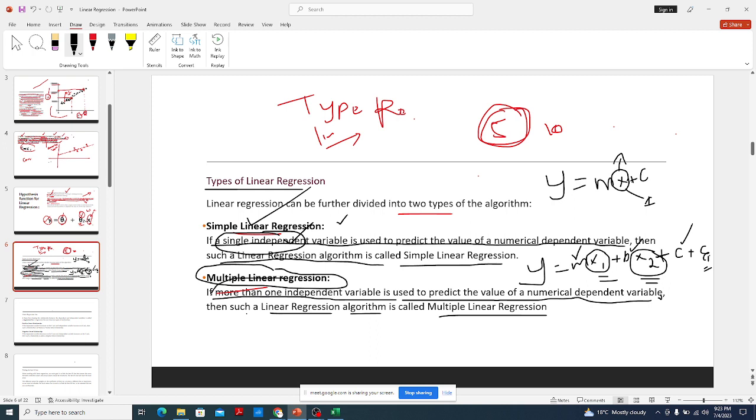Why? We are having more than one independent variable here. For the simple one, we are having only one independent variable.